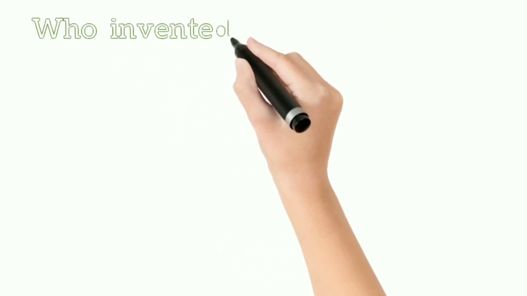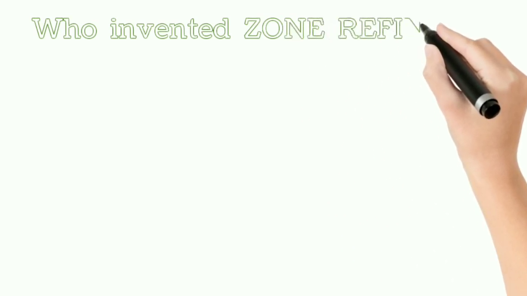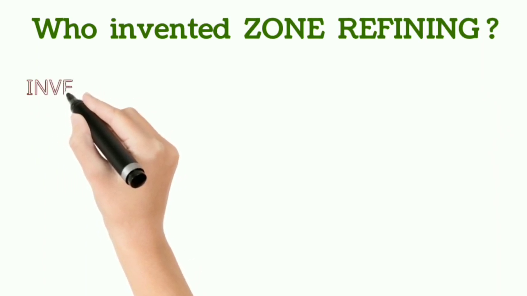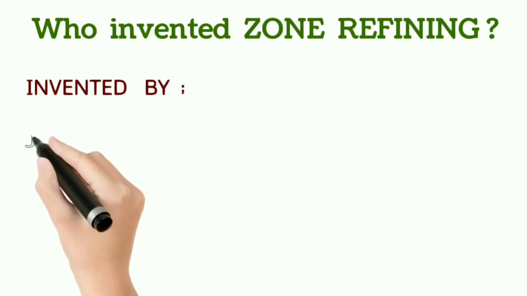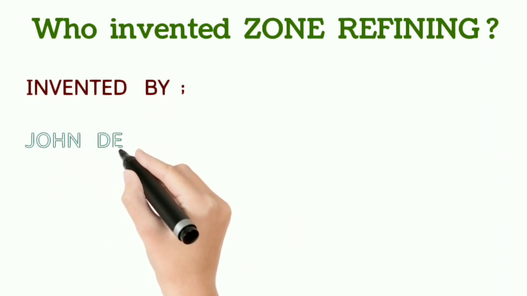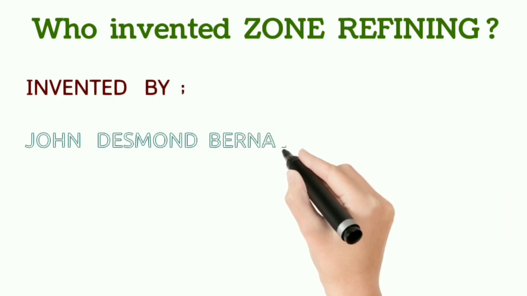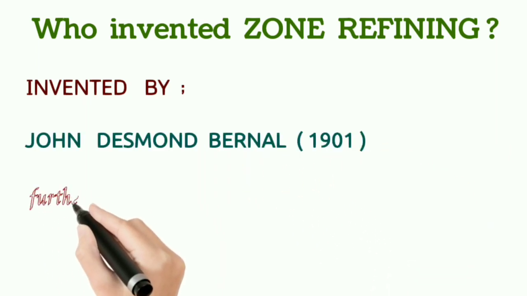Now let us see who invented this zone refining. Zone refining was invented by two persons. The first one is John Desmond Bernal, named as J.D. Bernal, in the year 1901.